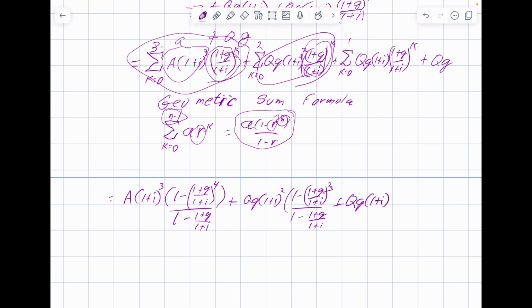And this one's qg (1 plus I) squared over 1 minus r, where r is 1 plus g over 1 plus I. That would be squared plus 1 plus r, which is 1 plus g over 1 plus I, plus qg.